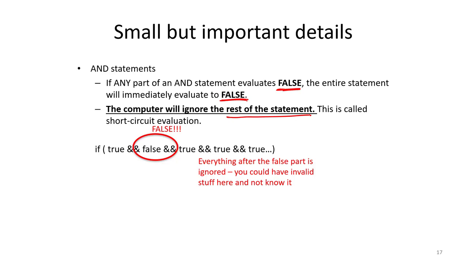There's a special name for this. It's called short circuit evaluation. So here you can see that if the second item in our Boolean statement was false, these other items are all ignored and not checked.